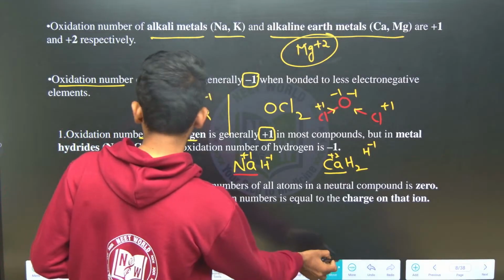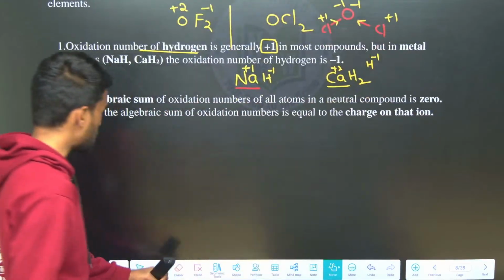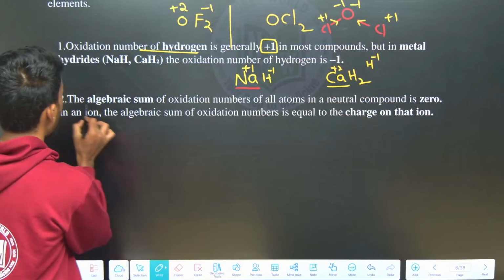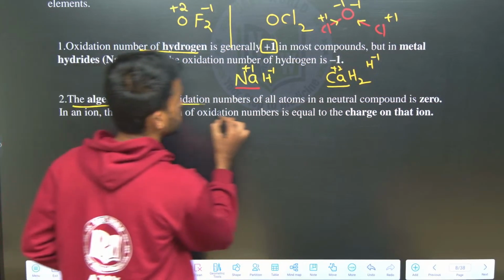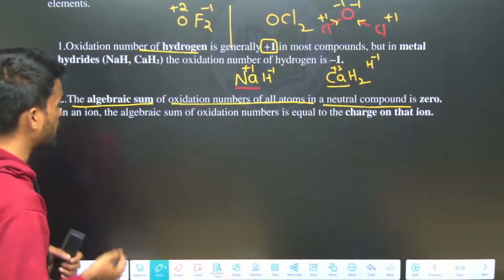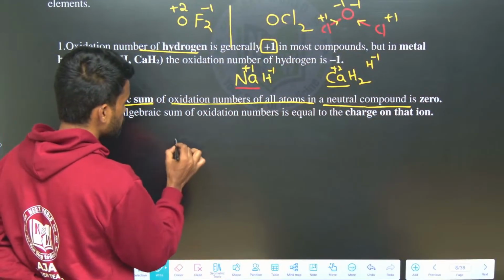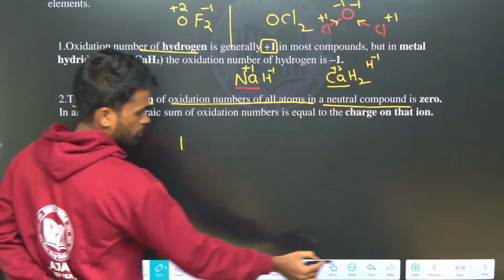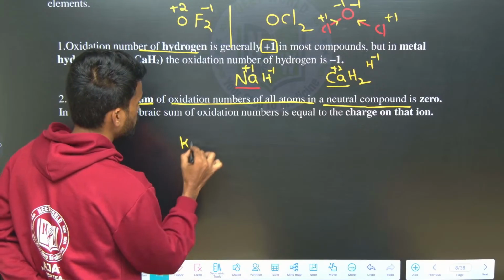Next, look here. When we are calculating in molecules, the algebraic sum of oxidation numbers of all atoms in a neutral compound is 0. For example, I am taking KMnO4.